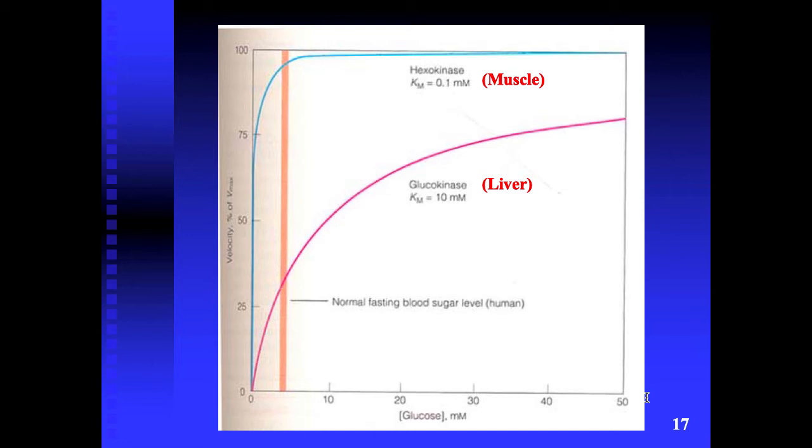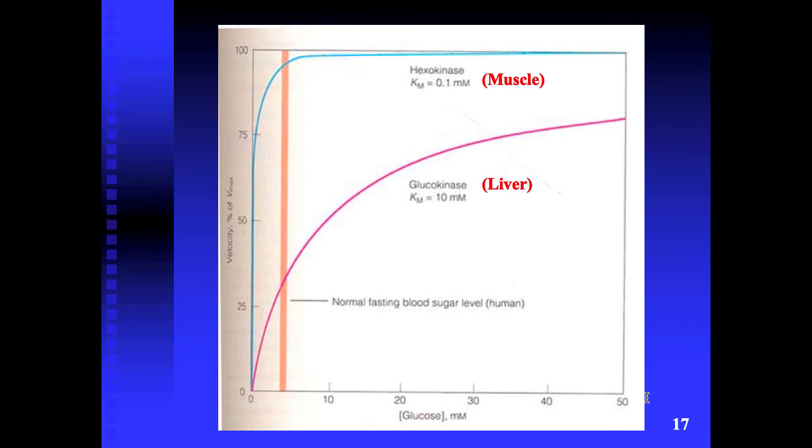Fasting scenario here. How fast is hexokinase working relative to its maximum velocity? About 90%. Which means at that concentration, it is effective at converting glucose to glucose 6-phosphate. It's doing that at high efficiency, close to its maximum rate. And why is that?